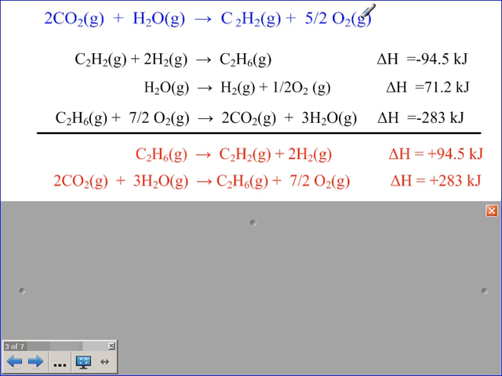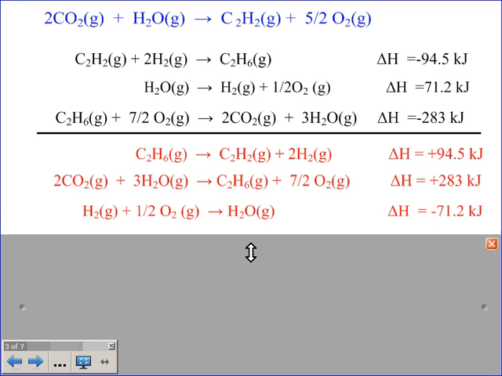I don't have any H2 up here at all. So if I've got H2 gas here on the right side, and I needed to flip equation 1 to put the C2H2 on the right side, I'm going to need to flip equation number 2 also so that the H2 ends up on the left side and it will cancel.